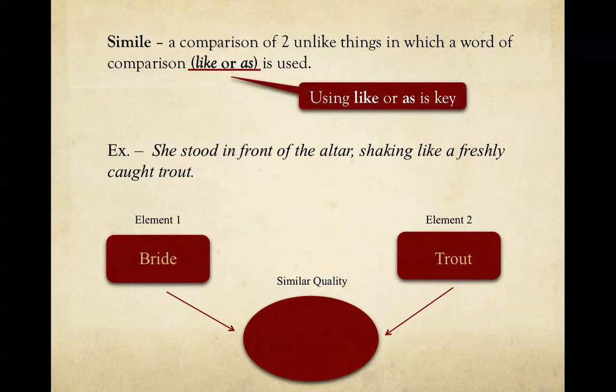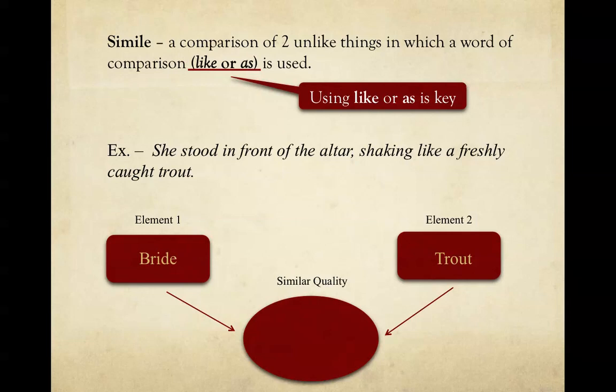Now, you'd never think to perhaps compare a bride to a trout, and I highly recommend you don't go up to a bride on her wedding day and say, well, you look like a trout. Trust me, I speak from experience. But you should never compare the two.